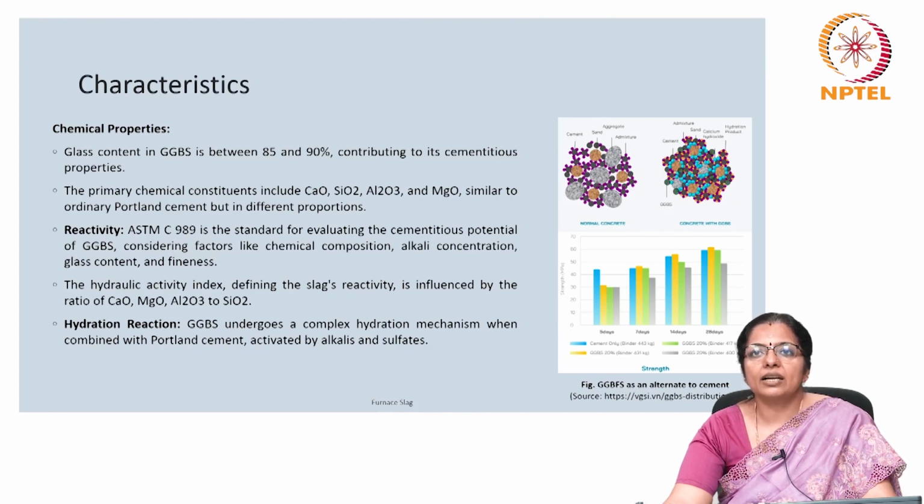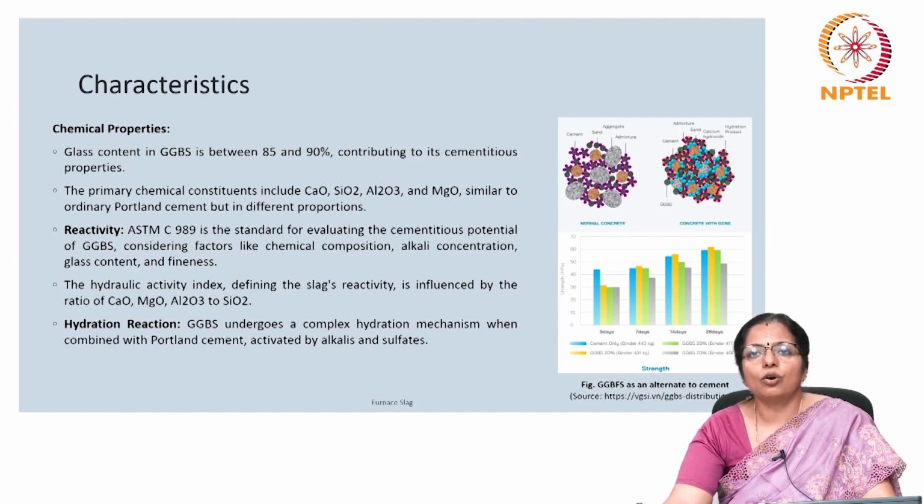Since the primary chemical constituents are oxides of calcium, silicon, aluminum and magnesium, these distinguish ground granulated blast slag from ordinary Portland cement, influencing its reactivity and functionality.